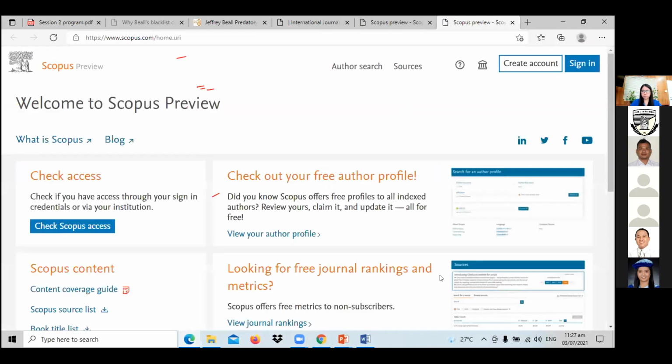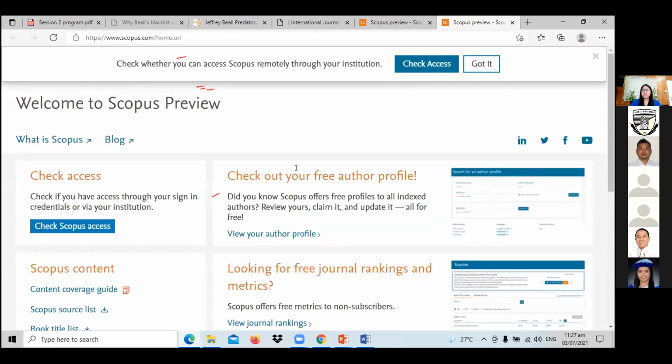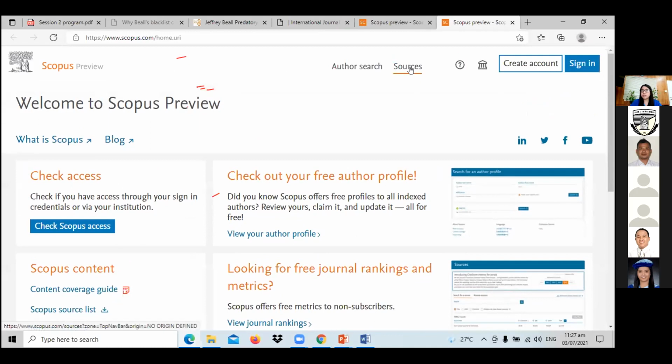Okay, let us load this. This is the website of Scopus. You can create an account, but even without an account, you can still search.